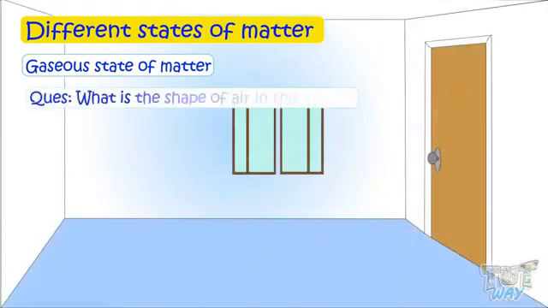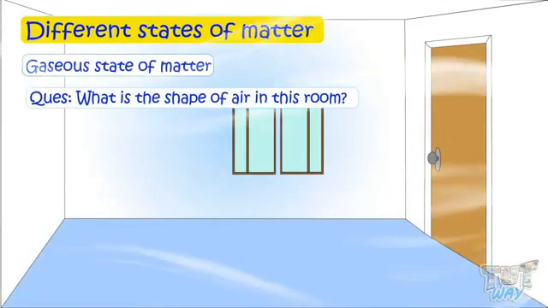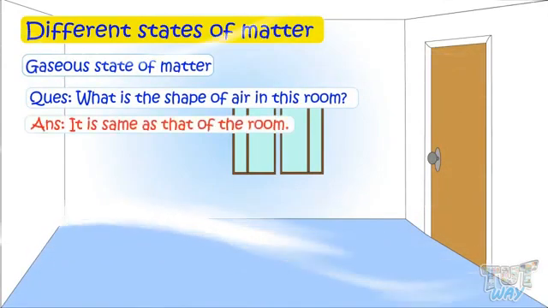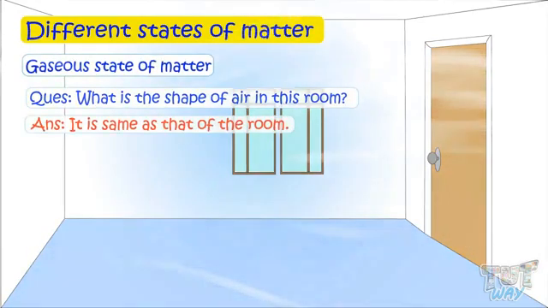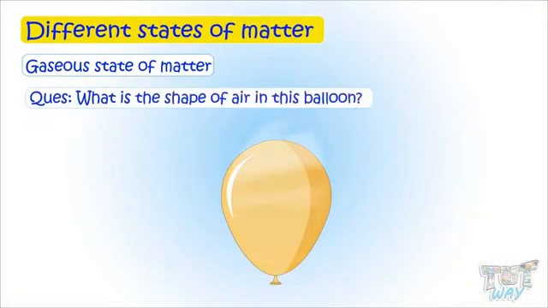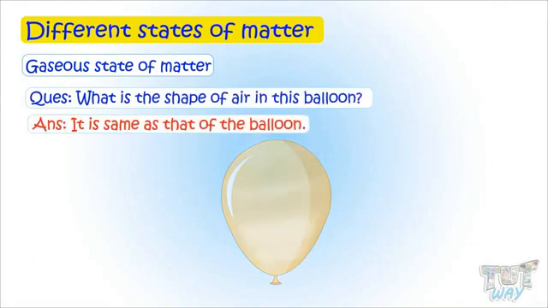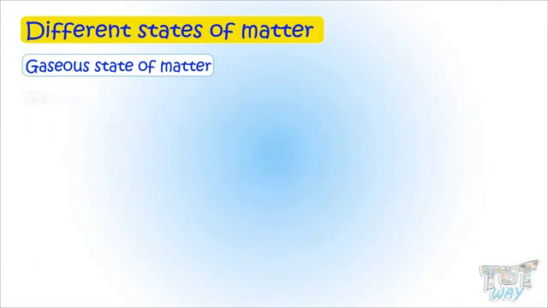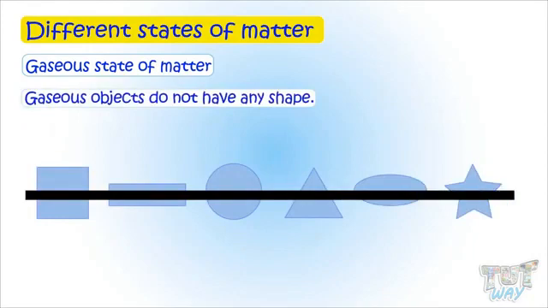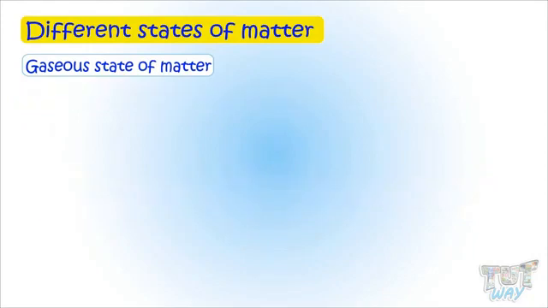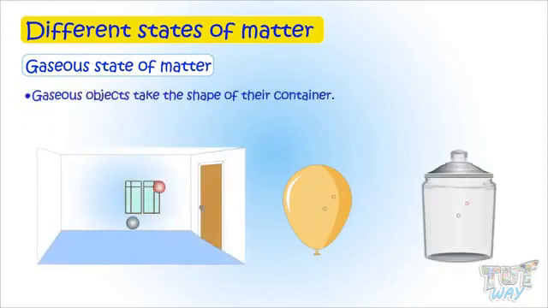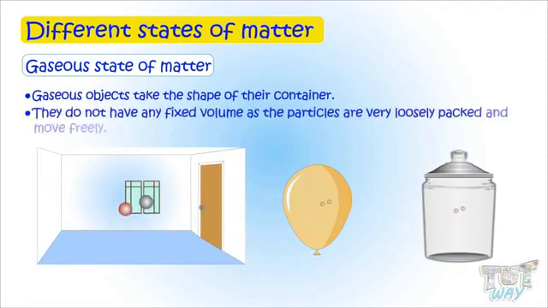What is the shape of air in this room? It is the same as that of the room. What is the shape of air in this balloon? It is same as that of the balloon. They take the shape of their container, and they do not have even a fixed volume, as the particles are very loosely packed and they are free to move.